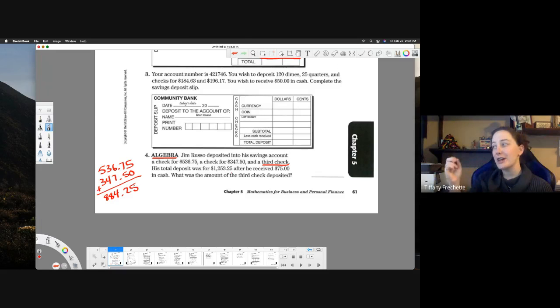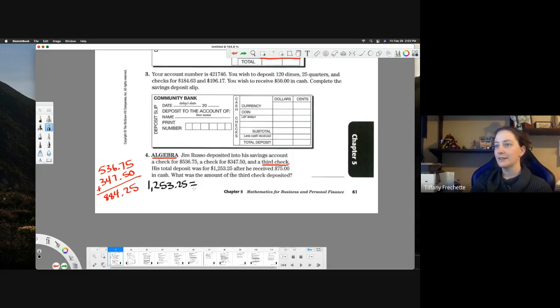We have a third check that we don't necessarily know about yet. So let's start building an equation for this, and I'm going to let you guys solve the rest of it. So we know that the total deposit was $1,253.25. And that's going to equal his checks, his currency, and his coins.